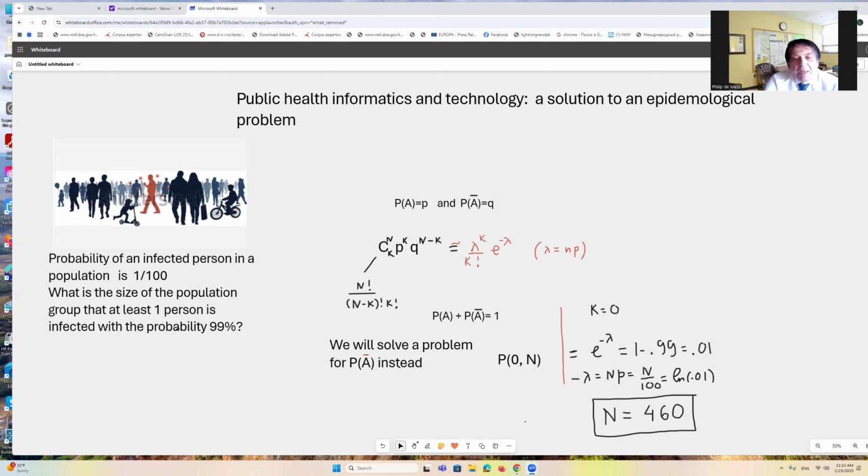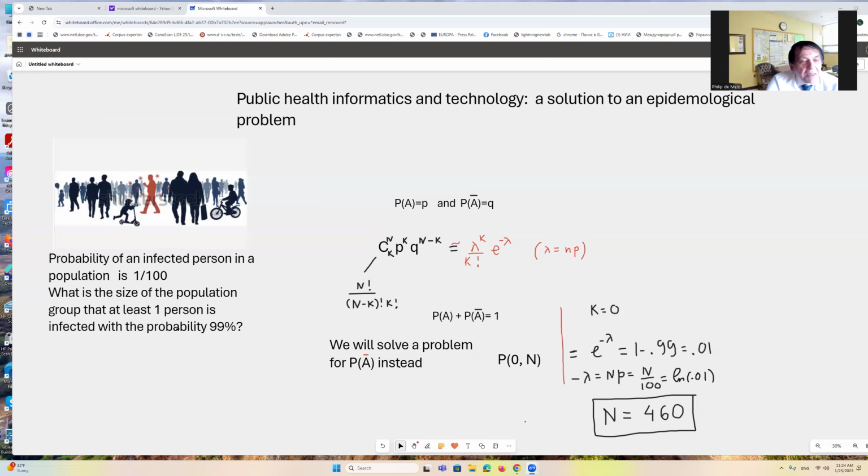Okay, that problem is, we can formulate it this way: the probability of an infected person in a population, let's say with flu, is 1/100. So this is an average probability.